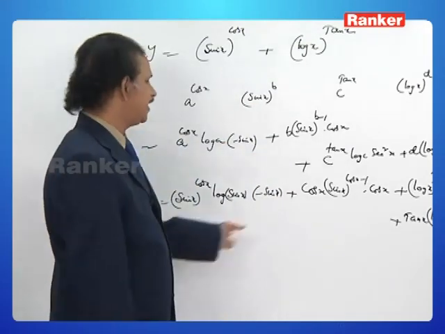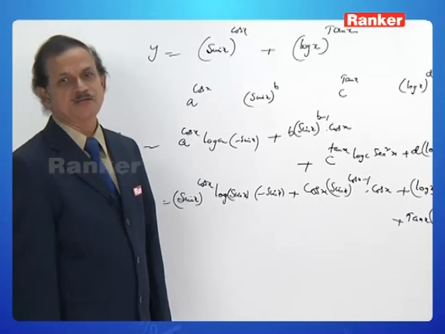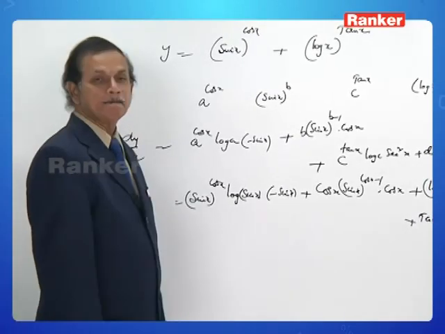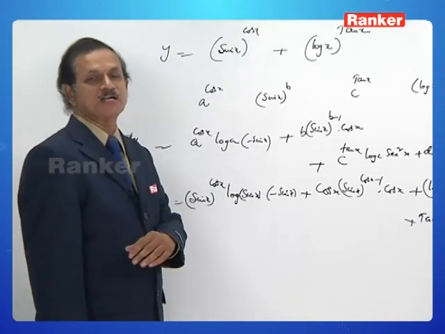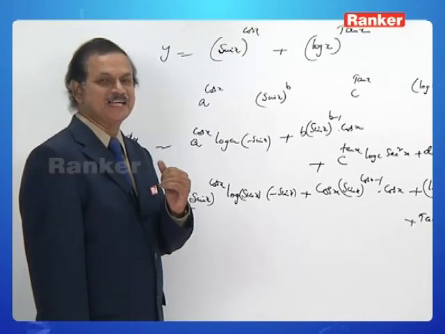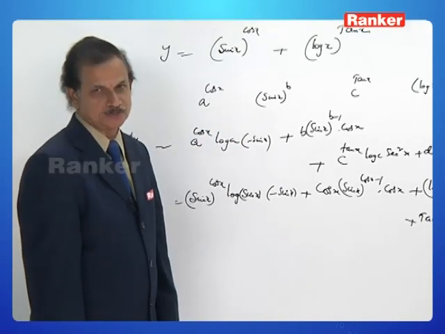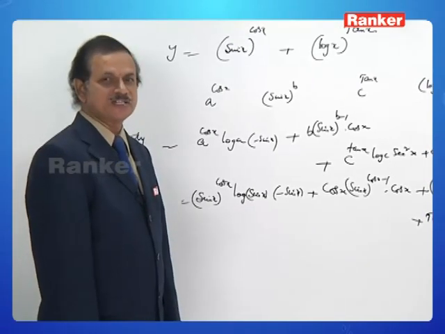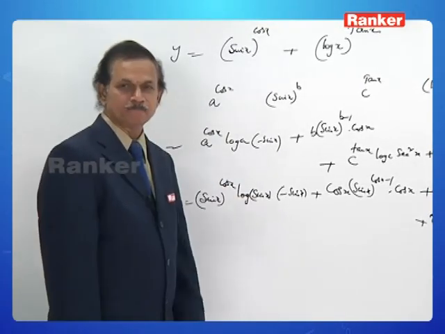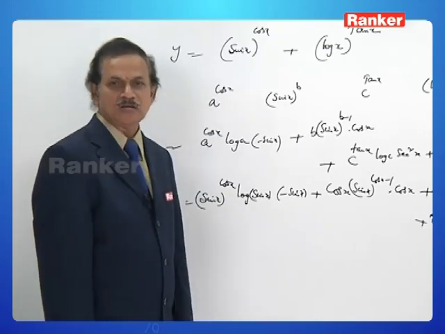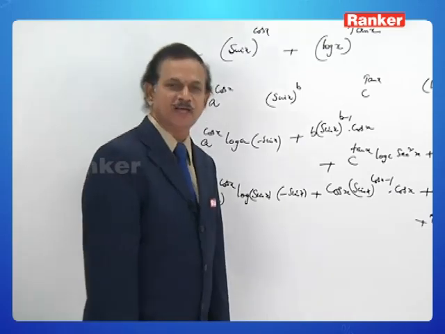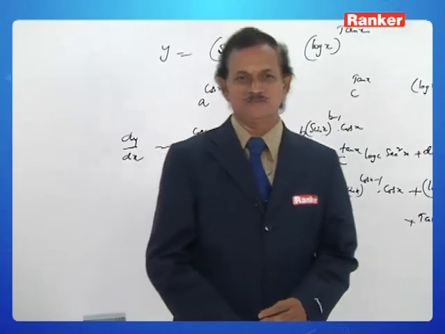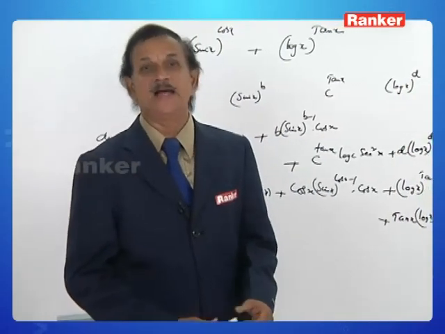This is the way to find the derivative of a sum of two functions, each occurring as a function power another function. It is a tedious job, you see. Of course, it can be simplified in this way. This gives you the answer, and according to the options available, you get the answer simplified so as to get the required one.